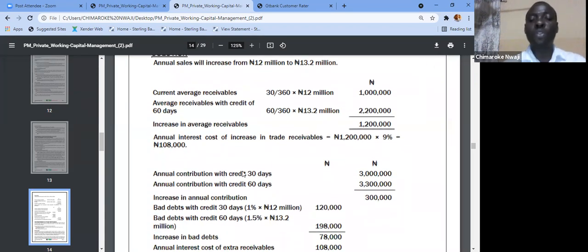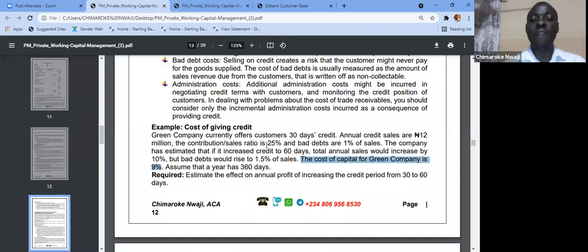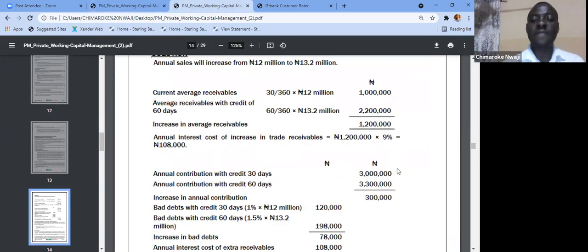All right, now let's look at another analysis here. Annual contribution. Let's look at whether this is okay. Annual contribution when the credit terms was 30 days. Now, annual contribution we said is 25%. So if you are to look at 25% of 12 million, you will say 0.25 times 12 million. That will give you 3 million. That's what we have here.